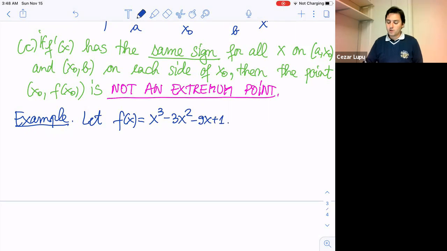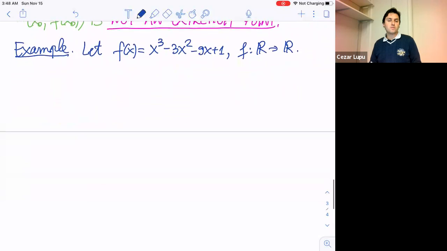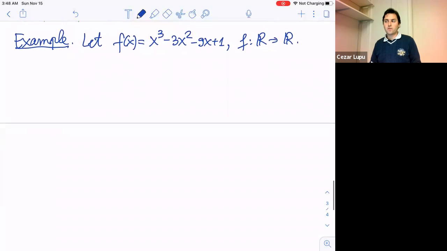Clearly this function is defined on the entire real line and is real valued. It's quite clear that it's a continuous function. It is actually differentiable; you don't have any problems in taking the derivatives. All right, so now let's compute.